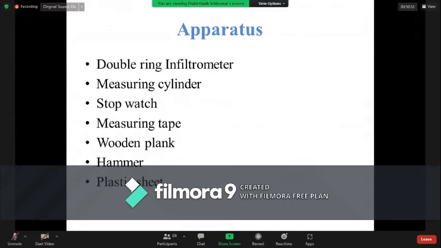That's why measuring tape is important. This measuring cylinder, we need to fill the cylinders. So that's why measuring cylinder is important. The purpose of this wooden plank, hammer and plastic sheet, we will discuss in detail in the procedure part.